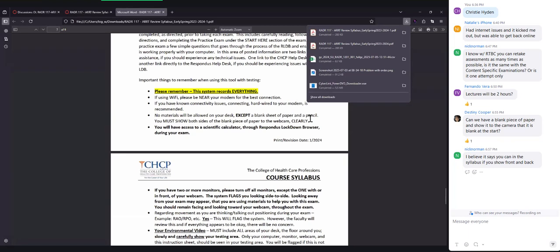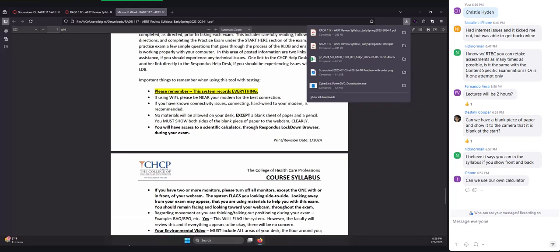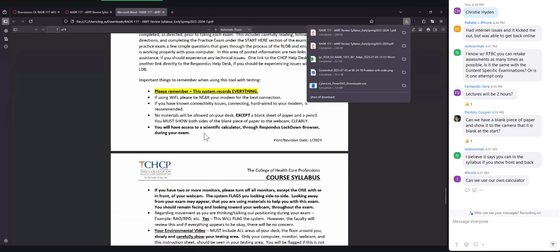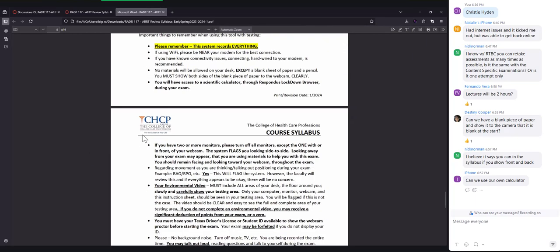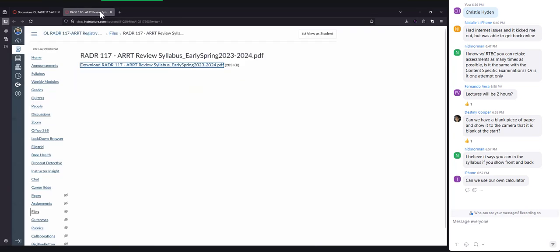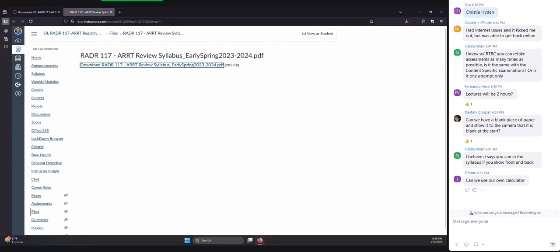Yes, you may have a blank sheet of paper and a pencil, and you must show both sides. I do not believe you can use your own calculator. I believe you have to use the scientific calculator through the browser. The problem with that is the graphing calculators are capable of storing data in them, and make sure you don't have access or a resource of that type. Good question. Thank you for asking.